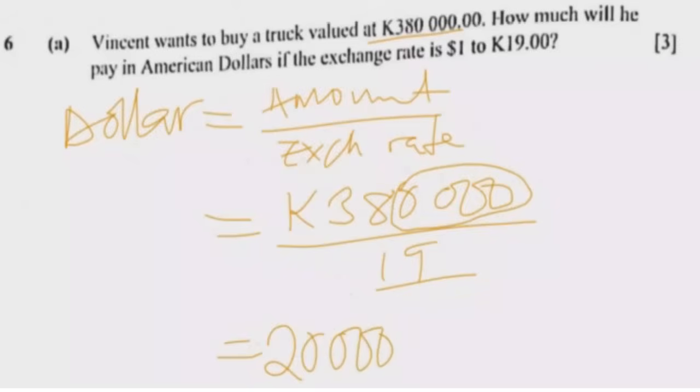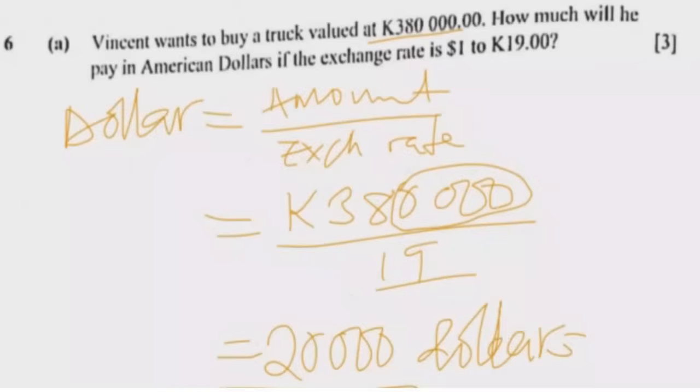So that means you should have $20,000. So the question is, Vincent wants to buy a truck valued at 380,000 kwacha. How much will he pay in American dollars if the exchange rate is $1 to 19 kwacha? He'll pay $20,000. If there are questions, please don't hesitate to ask in the comment section, but basically that's how we go about this question.